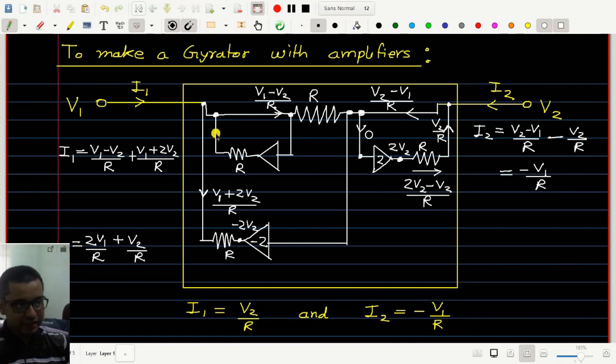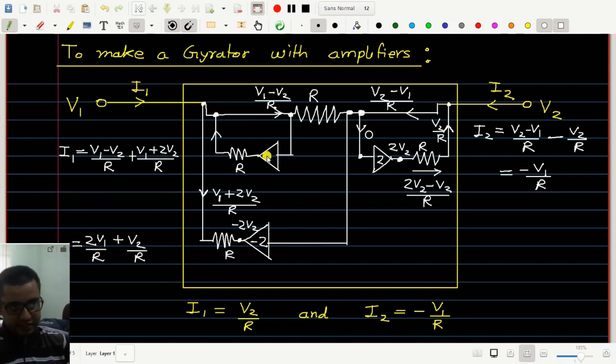Then this current we have to adjust by choosing proper gain of this amplifier so that this term is eliminated.